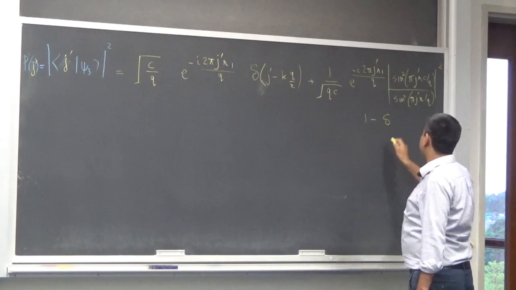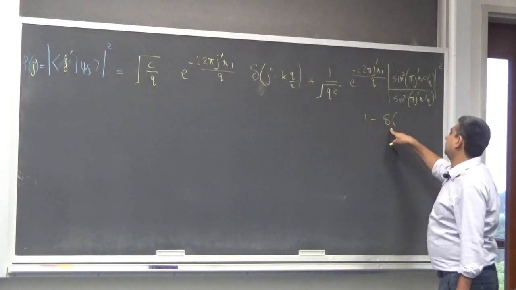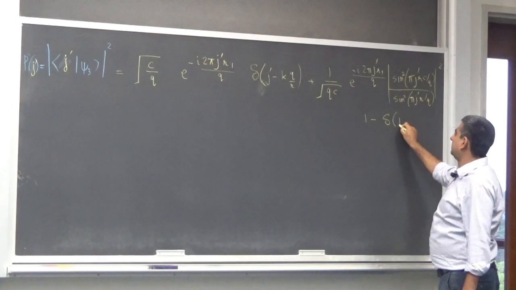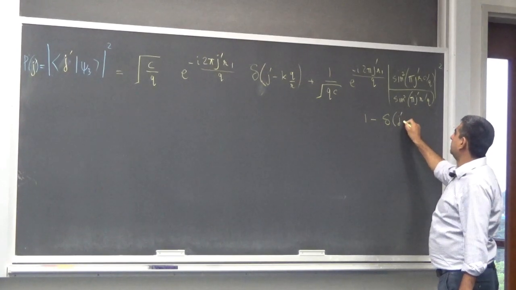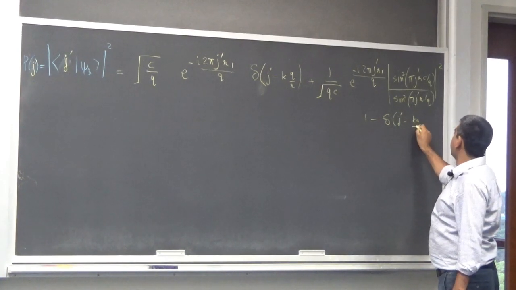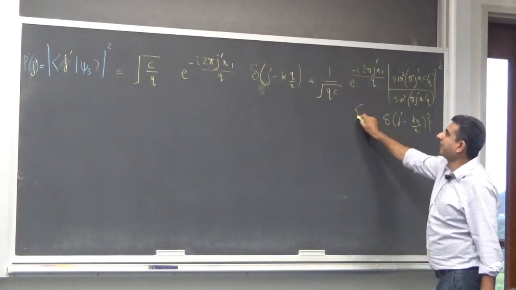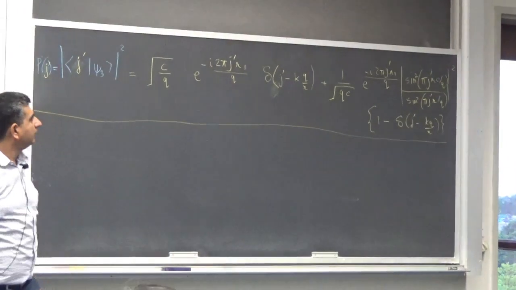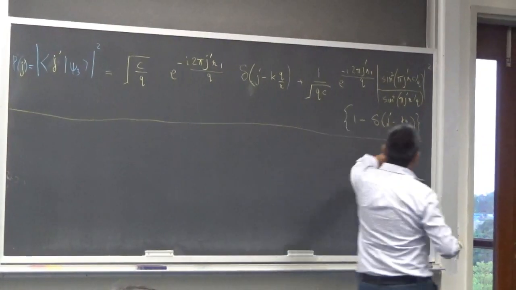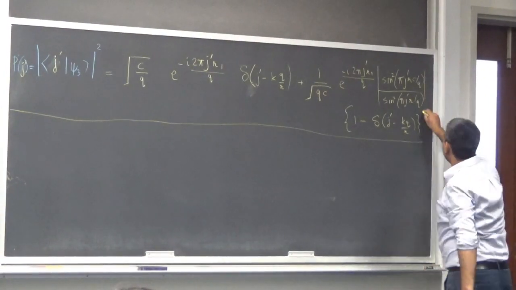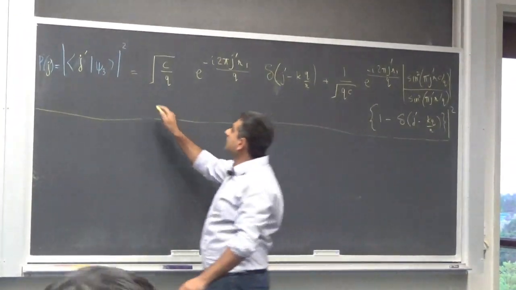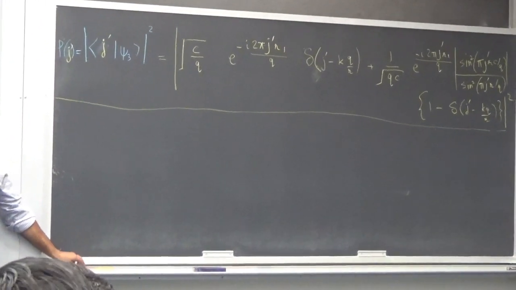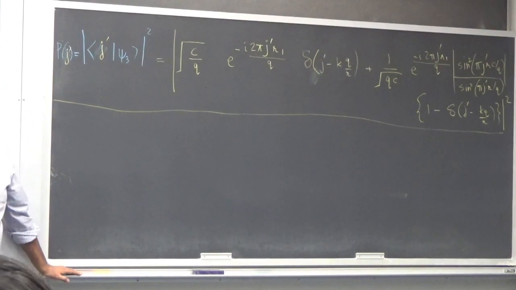If I'm clever, I can probably write this as this delta function, 1 minus this delta function. Probably this is how I can write the entire thing, right? So I take the modulus square of all of this. Got it? So this is the probability distribution.